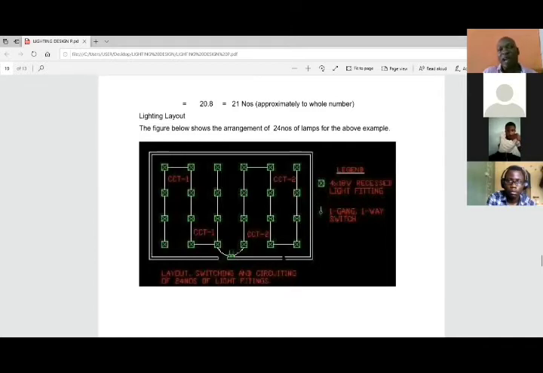If you get 1 or 2 burnt out of 24, you see out like 22. So with 22, we are still okay. We are still within the range of what is actually required to illuminate the particular space. This is the essence of having good tolerance in any design or calculations that are done in this regard.